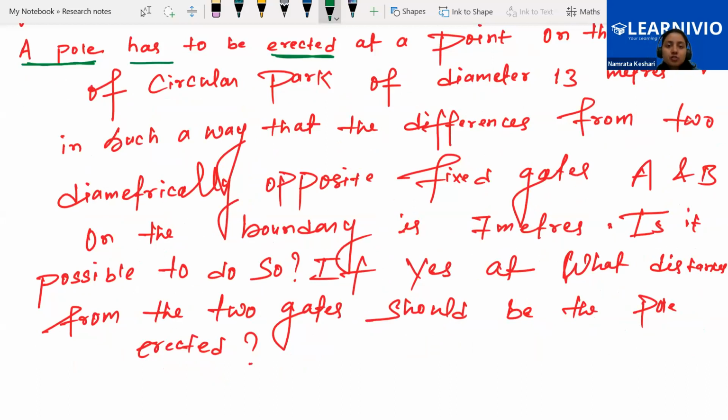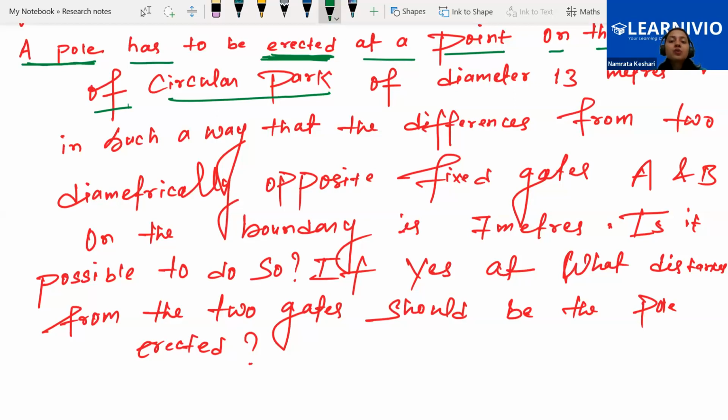So focus over here. There is a pole which is going to be standing at a point on the boundary of a circular path. A pole is there which is standing on the boundary of circular path.